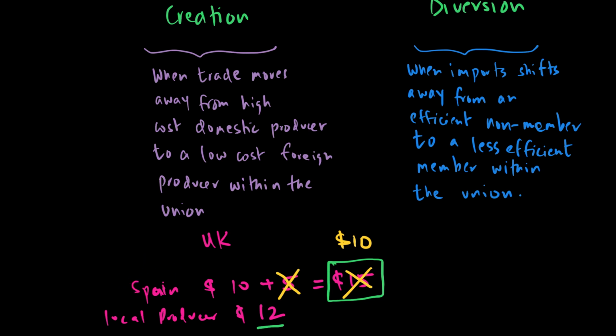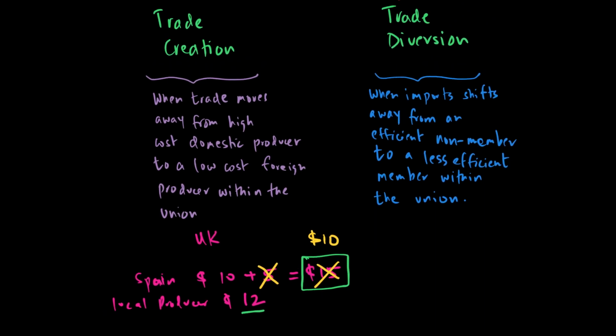And the answer is Spain, because the local producer is selling it for 12 but Spain is selling it for 10, which means that trade will move away from a high cost domestic producer to a low cost producer within the union, which is Spain. How is it good? Well, it is creating trade. Why? Because now there will be lower deadweight losses, there will be more consumer surplus, and also more efficiency promoted as an efficient producer is now producing more.